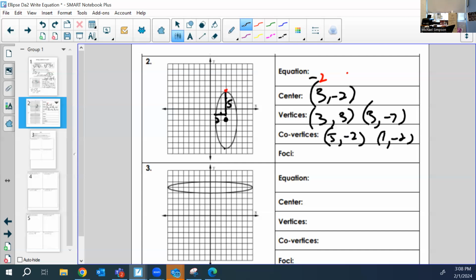And then for the foci, you just find c squared. Okay, I need some space for that. C squared is going to equal a squared, which is 25, minus b squared, which is 9. And that gives you... no, is that correct? 25 minus 9, 14.